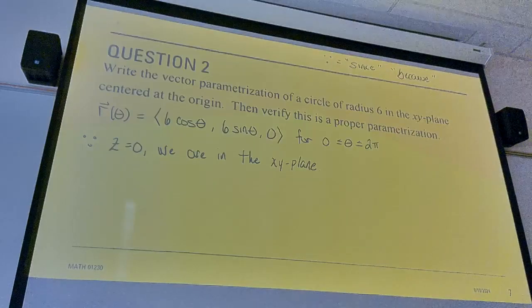How are we going to verify? Well, that is definitely a proper domain. But how do you know this parameterization works? What would the equation of the circle be? What's the relation? 36 equals x squared plus y squared. What was x?